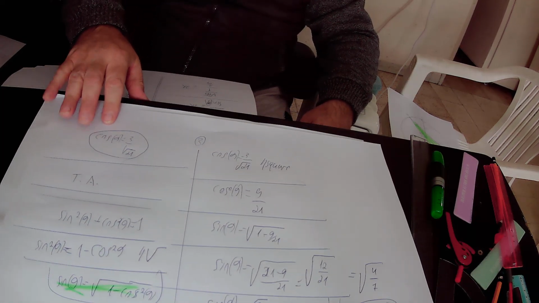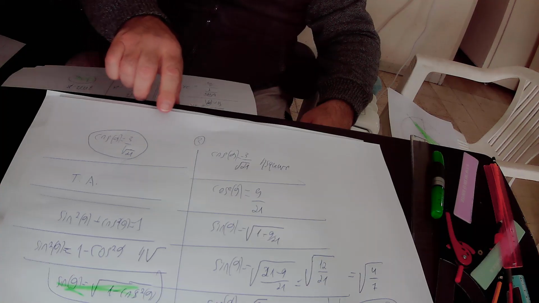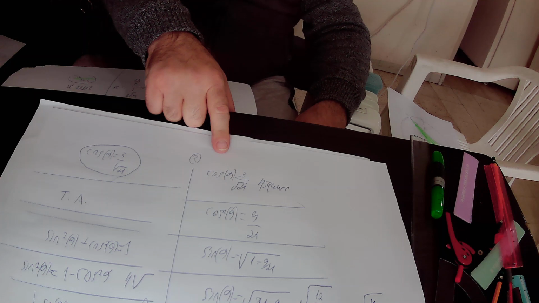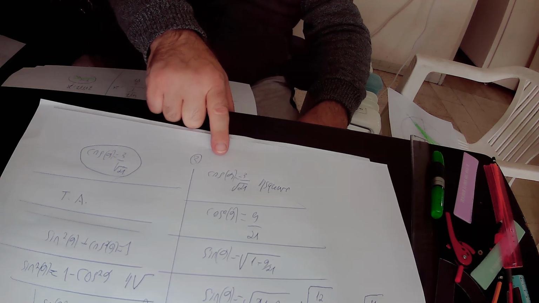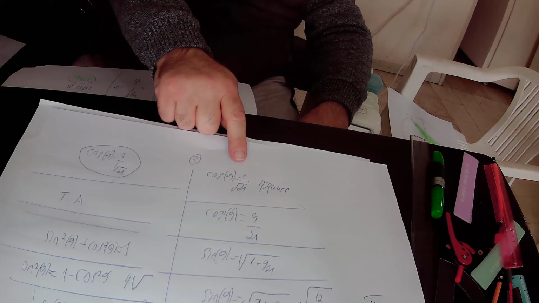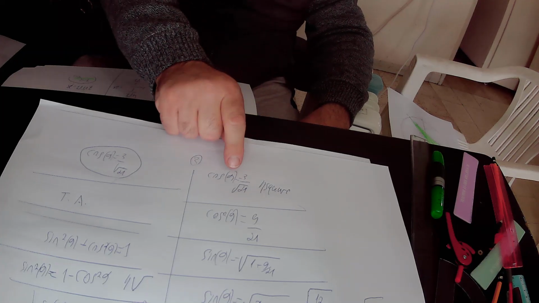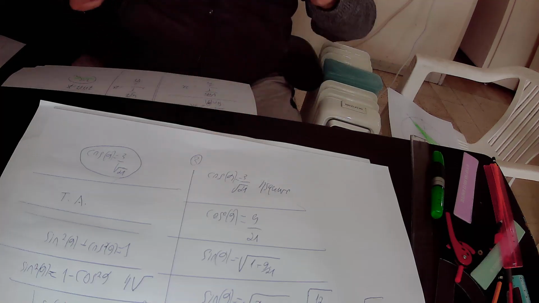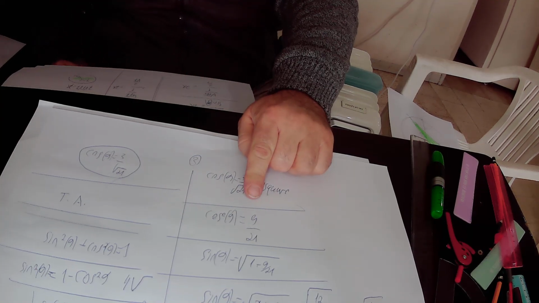We found out that cosine alpha equals 3 over the square root of 21. So we squared this equation, and found out that this is cosine square alpha. We squared also the other side. This side squared is 3 squared, which is 9, and the square root of 21 squared is 21. So in total, we found out that cosine square alpha equals 9 over 21.